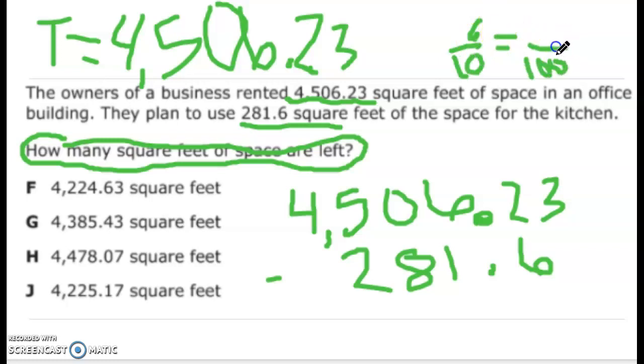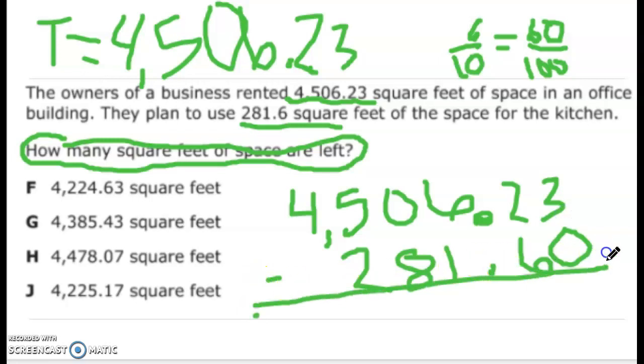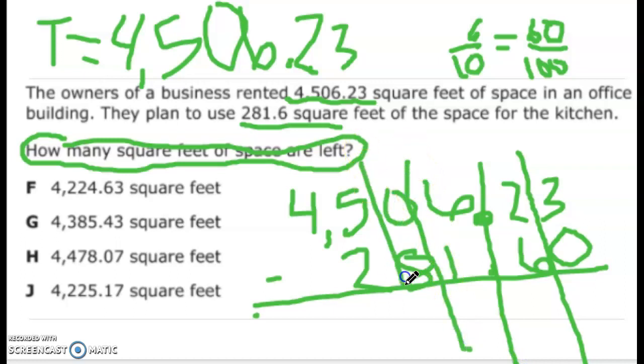Good. Okay, so I can add that 0 to make it look like 60 hundredths. Okay, so we can draw the line separating our place values. I know it's kind of hard to do digitally. It's a lot easier to do with a pencil.